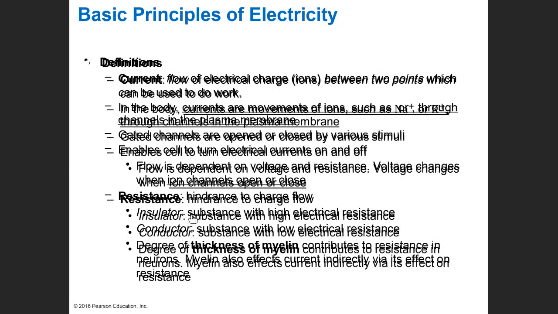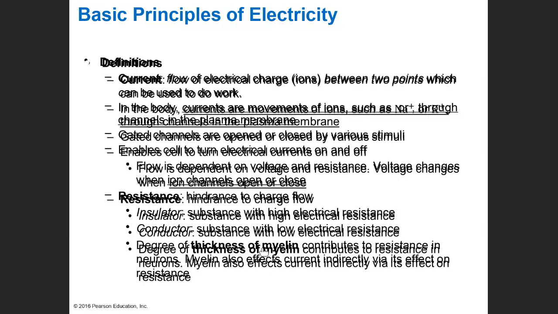This is important for the conductance overall of the action potential, because wherever it's myelinated, we're keeping these ions from getting out of the axon, so that we can continue to have that action potential propagate all the way down to the end of that axon. So the main idea here is, what is resistance?